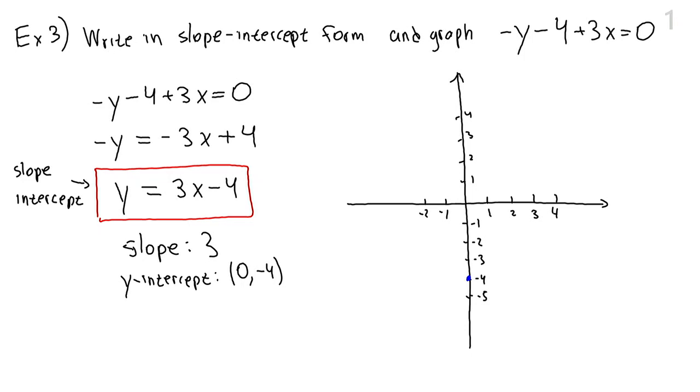And now we have a slope of 3. You can also think of this as 3 over 1, a rise of 3 for a run of 1. So we have a rise of 3, 1, 2, 3, and a run of 1. So we end up here. And our line looks like this.